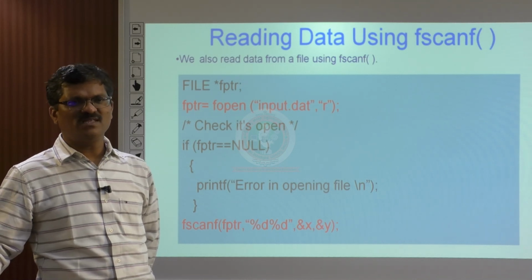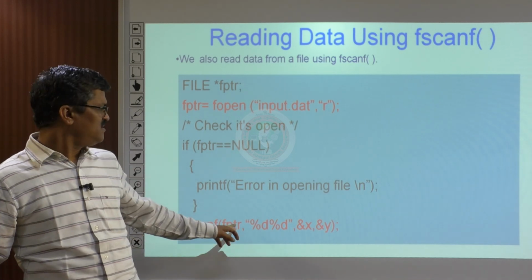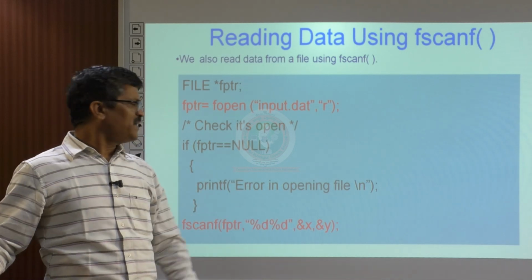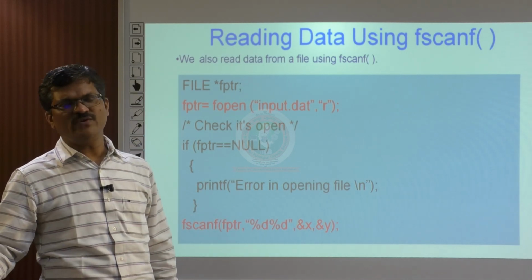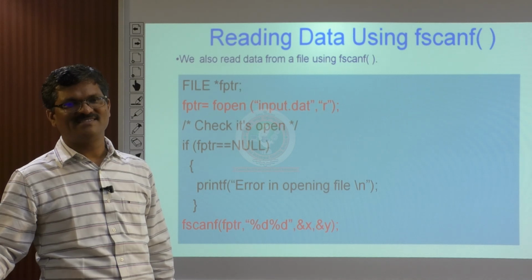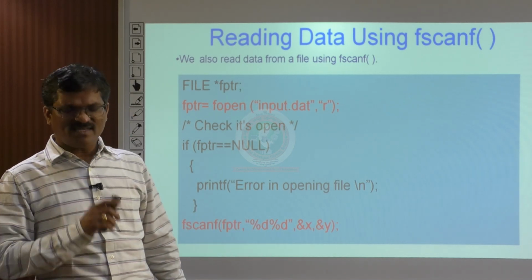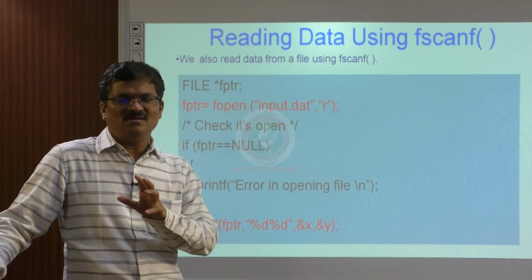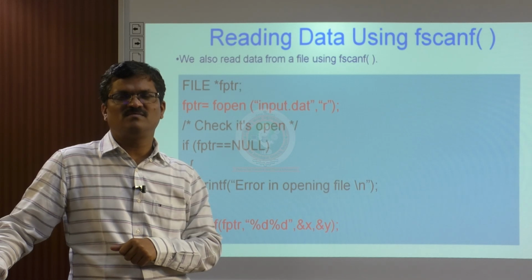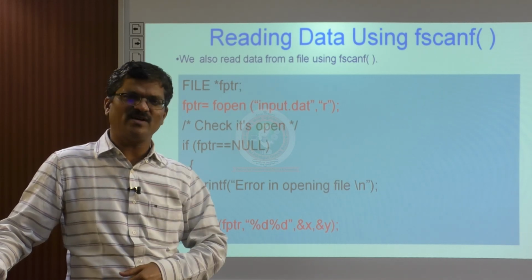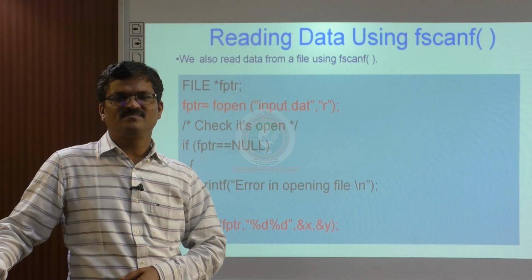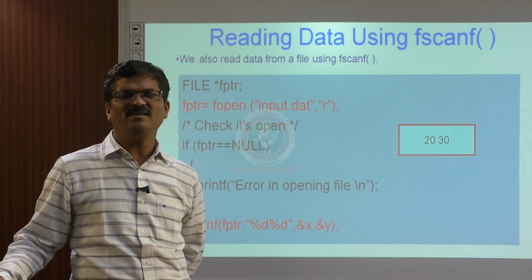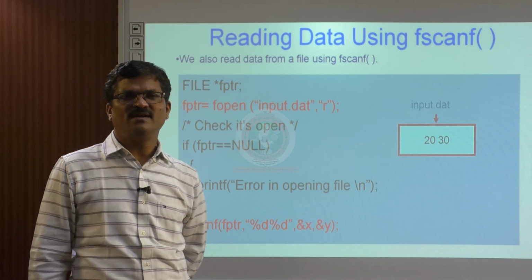Okay. Using the command fscanf with fptr, again this is the first argument, you read and store the values of two variables x and y. As an example, we imagine that input.dat has some values, two values, maybe 20 and 30, stored in it.